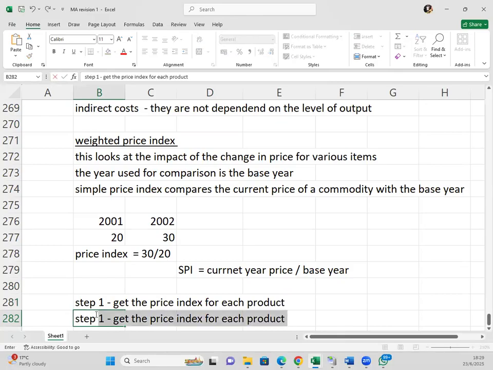Step 2, multiply the price index with the quantity.